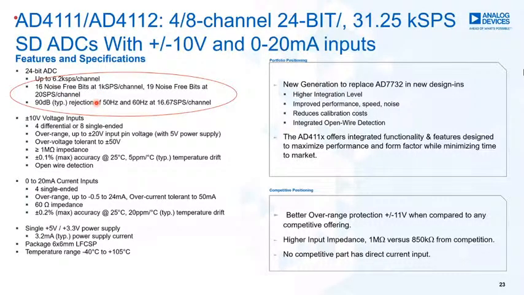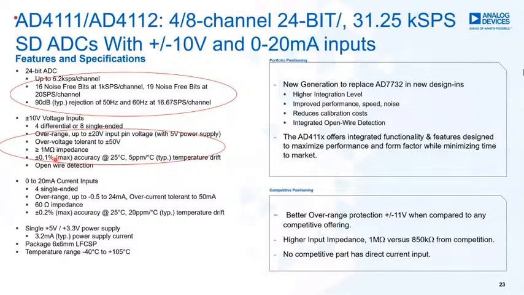You see the 50 and 60 hertz simultaneous rejection figure, about 90 dB typical, which is a very good figure. The part offers an input impedance greater than 1 megaohm, and the accuracy of all your measurements without calibration is 0.1% over full scale.